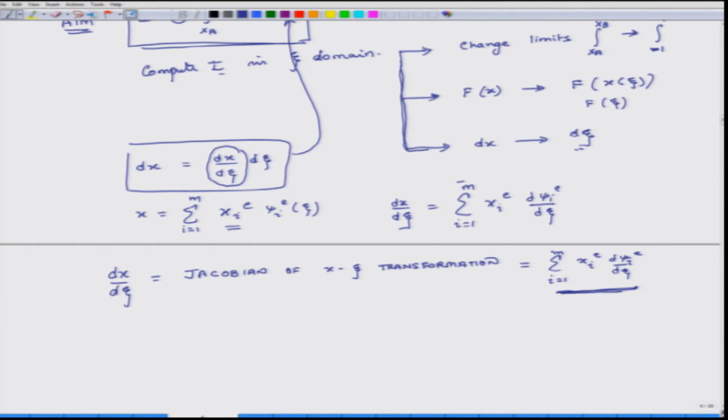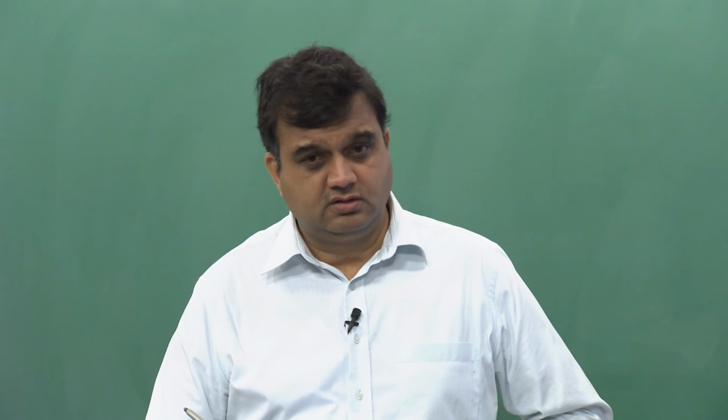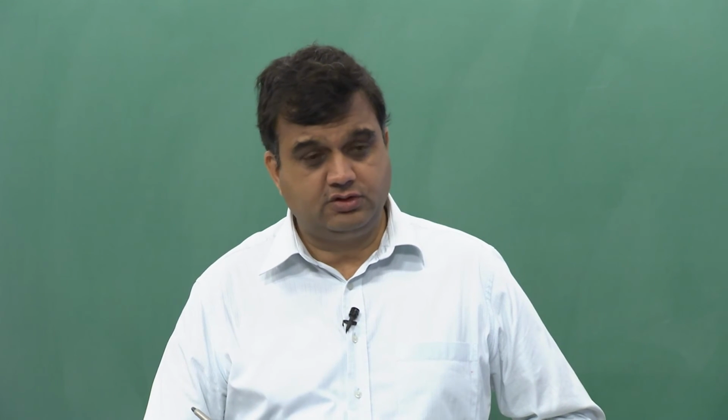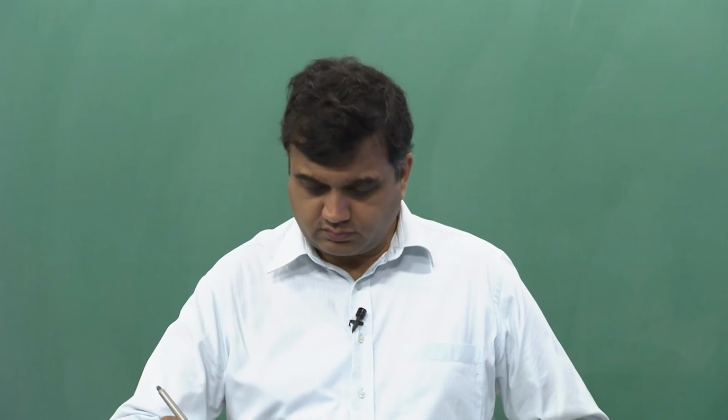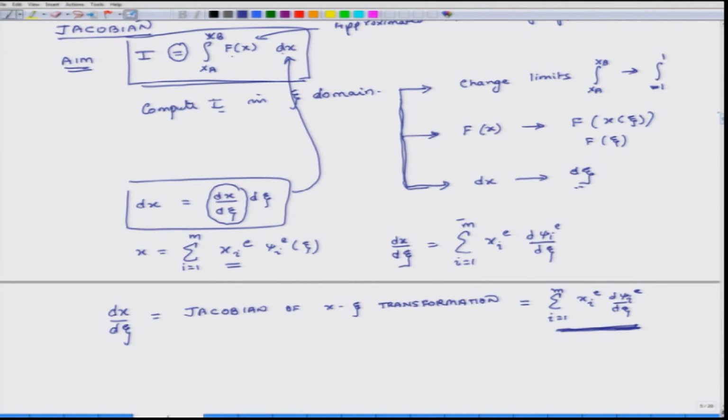This is the Jacobian of x to zeta transformation, and you can actually calculate this. In this expression, is there anything which you do not know? Do you know xi? Do we know psi functions? We can calculate psi from these relations. So, if this is a 3 noded element, we know psi from here, right. So, psi's are known.